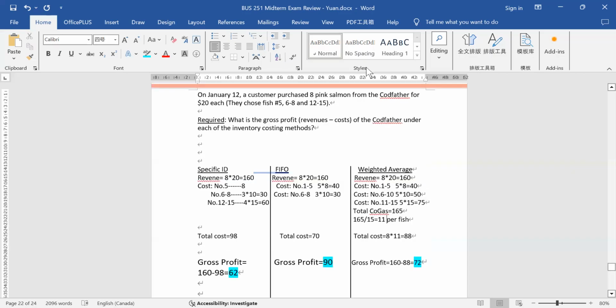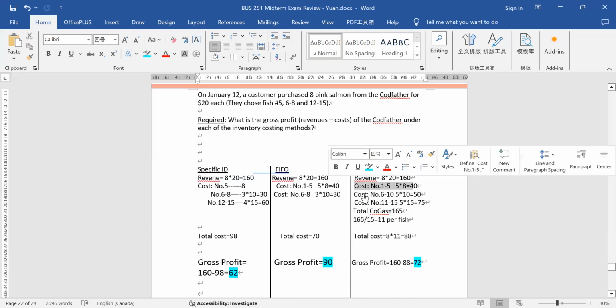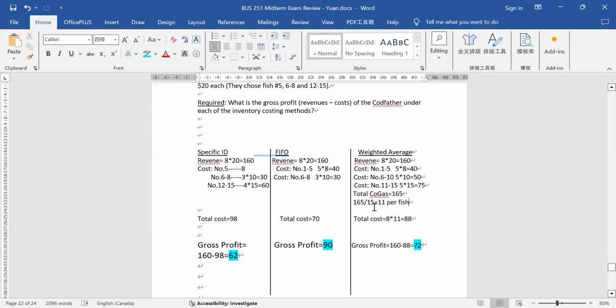So let me have a look. Is it describing the perpetual or periodic way of calculating weighted average? I think it's the perpetual, because in the perpetual method, you have to adjust your price each time you make a transaction. This is the first purchase, this is the second, and the third. And when you sell, you have to identify the cost, right?